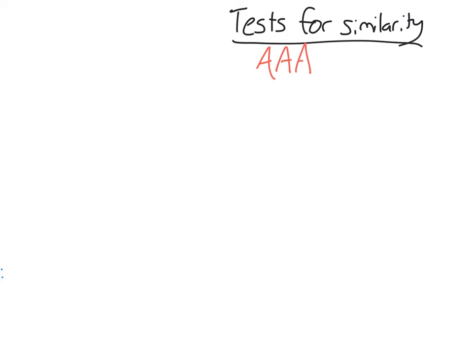So to show that two triangles are similar, we can use the AAA test, which means we show that all angles are equal. In other words, there are 3 pairs of equal angles amongst the two triangles. So if that is true, if there are 3 pairs of equal angles, then the sides will also be in the same proportion. So we can use PPP, or it's sometimes also called SSS.